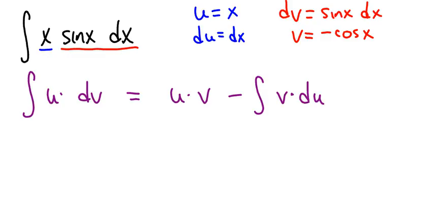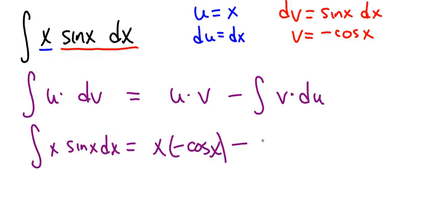So let's see what our expression says. The integral of x sine x dx is uv minus the integral of v du. That's minus cosine x dx. So I have to ask myself, is this easier to work with than this was? And the answer is yes.